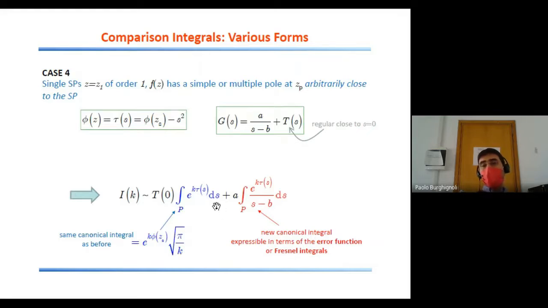But there is the additional term that originates from the singular term, the one containing the pole, and that is the red integral at the bottom that defines a new canonical integral, expressible, as we will see in the last two lessons of this course, in terms of an additional special function, in this case the error function. Equivalently, it can be expressed in terms of Fresnel integrals.